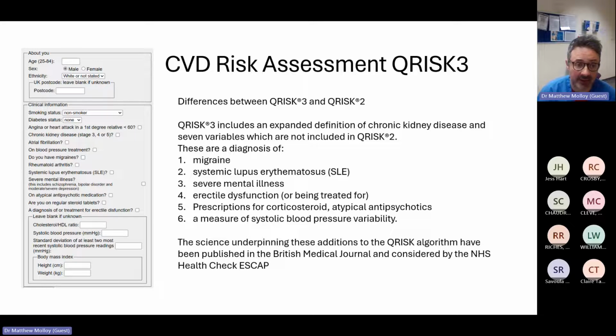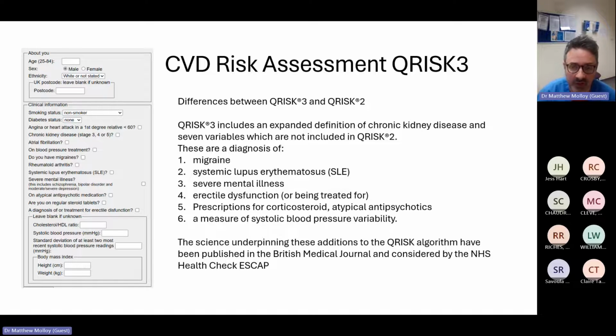The final one is a diagnosis or treatment for erectile dysfunction. Obviously, if a patient has erectile dysfunction, this is a red flag that their arteries are blocking up elsewhere. The cholesterol HDL ratio is entered into the risk tool, and the patient's blood pressure as well.